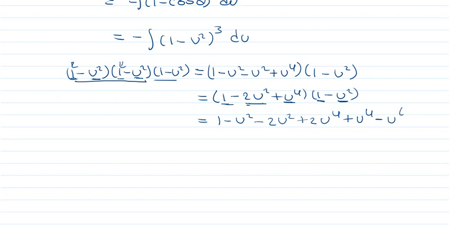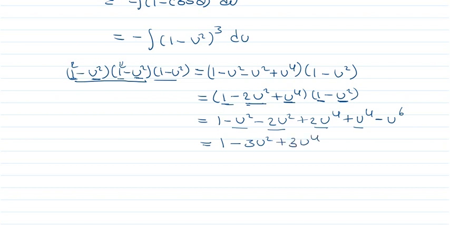Putting these things together, we are going to have a 1. Then we have a negative u squared here and a negative 2u squared here. When you add them together, you get negative 3u squared. Then we have a positive 2u power 4 plus u power 4. We are going to get a positive 3u power 4.